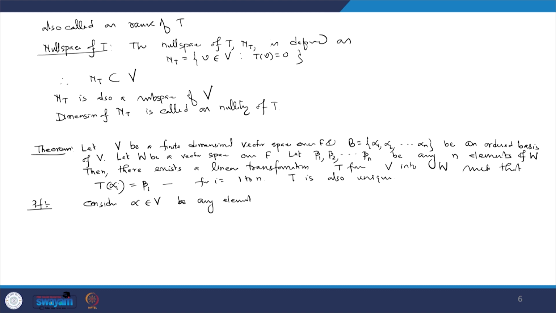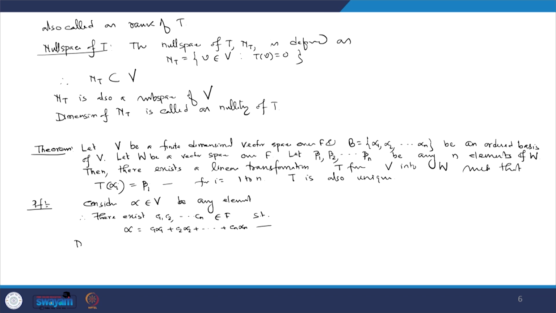Since alpha belongs to V, alpha can be written in terms of the basis of V. So, there exist scalars C1, C2, ..., Cn belonging to F such that alpha is equal to C1 alpha 1 plus C2 alpha 2 plus ... plus Cn alpha n.